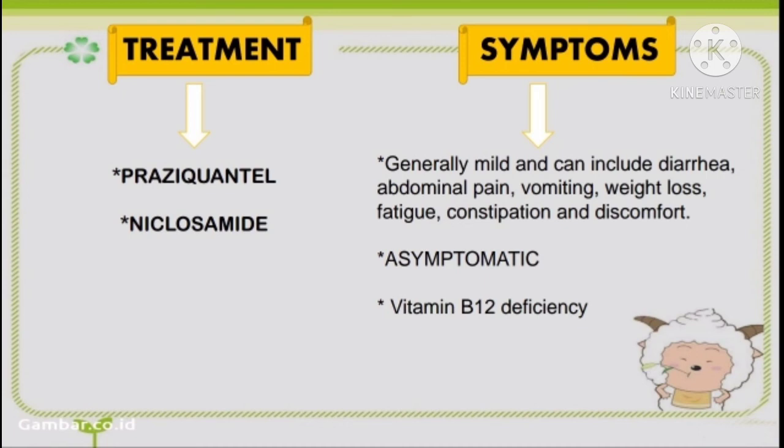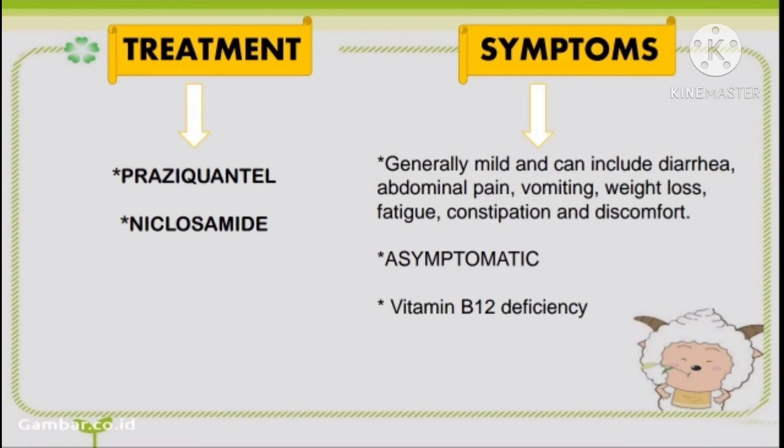So we have also the niclosamide. It is one of the alternative nga medicine yapon siya. Pero ang intake ani is single dosage lang siya. So we have 2 gram dose for adults and also 1 gram dose for children nga older 6 years old.